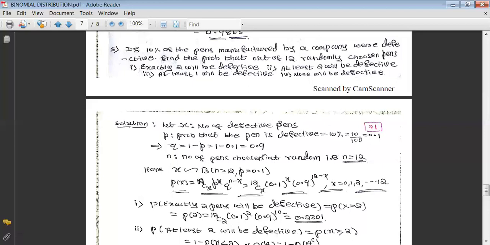Using these parameters, n equal to 12 and p equal to 0.1, the probability mass function of binomial, that is nCx p raised to x q raised to n minus x, equals 12Cx 0.1 raised to x, and q is 0.9, that is 0.9 raised to 12 minus x, where x takes the value 0, 1 up to 12.